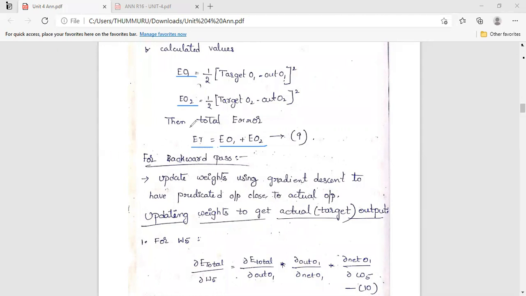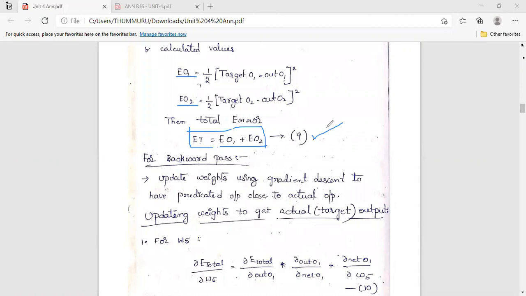This is the final error rate of the network. This is equation 9. If this error rate is minimum, then no need to solve this particular problem. No need to go for the changing of weights, right?